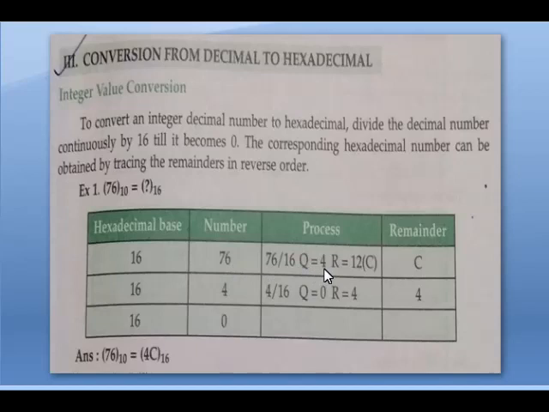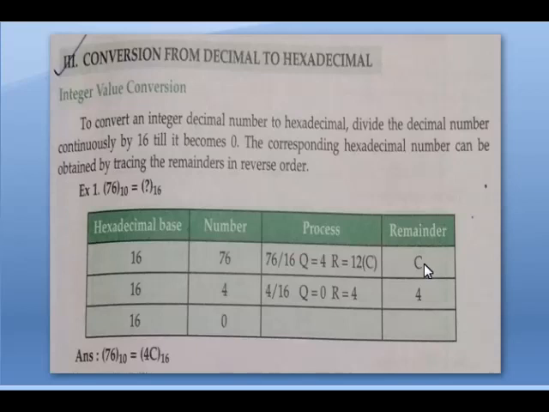We get the quotient as 4 and the remainder as 12. In hexadecimal, after 9, 10 becomes A, 11 means B and 12 means C. So the 12 means we have to take the alphabet C. So the remainder is C.